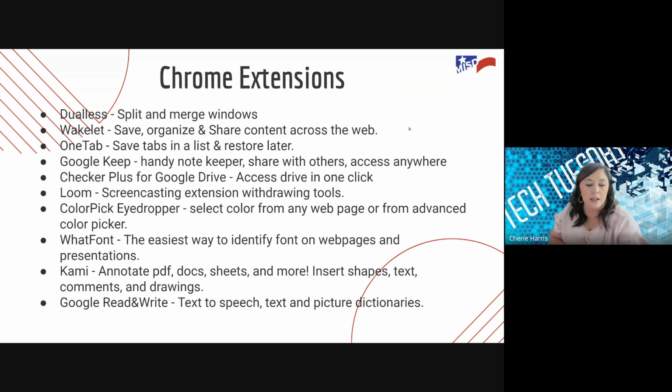Kami allows you to annotate PDFs, documents, sheets, and more. You can also insert shapes, text, comments, and drawings. And then Google Read&Write, which has been deployed to, I believe, all Chromebooks, will do text-to-speech and picture dictionaries. Okay, so I'm actually going to go in.